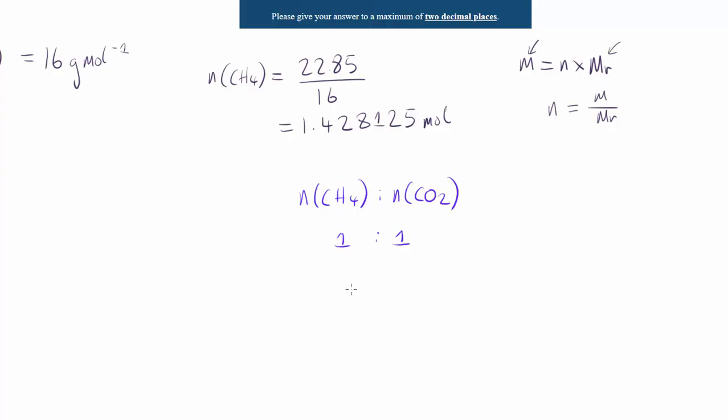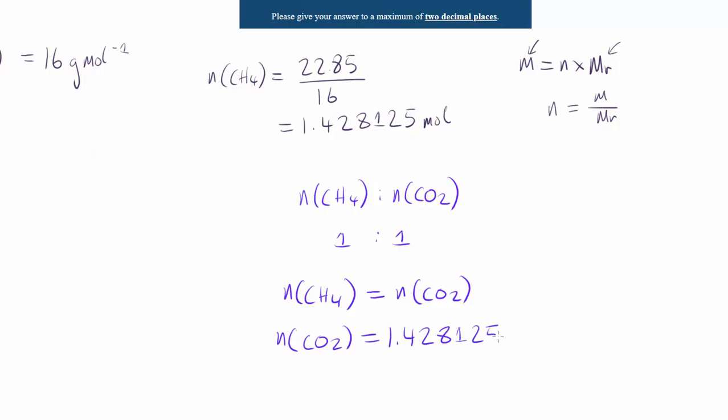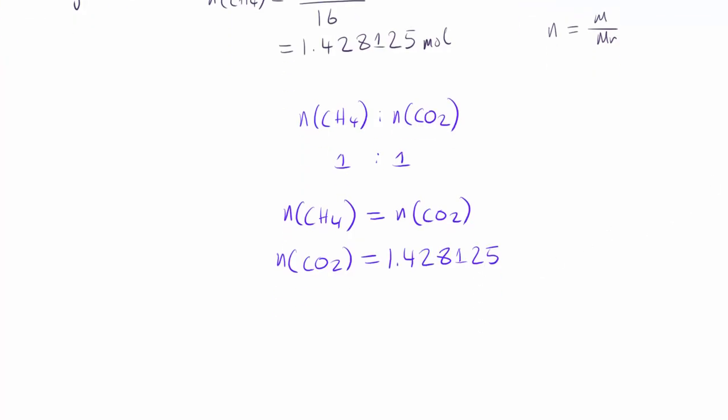And a 1-to-1 ratio tells us what? Well, it tells us that the number of moles of CH4 is actually equal to the number of moles of CO2. Okay? And because it's equal, that means that the number of moles of CO2 is simply equal to the number of moles we worked out of CH4 here, which is 1.428125, right?